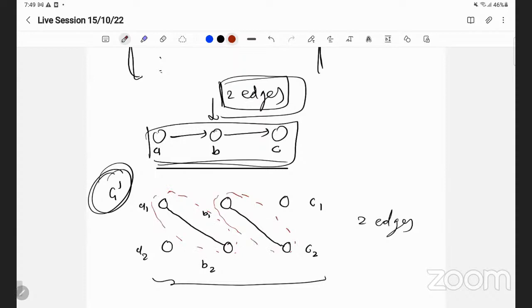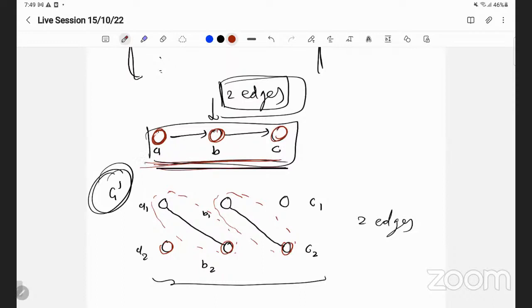Both edges form a matching because there are no overlapping vertices in these two edges. Why is there no overlapping vertex? Because the vertex A, B or C has at max 1 in-degree, right? That means A2, B2 or C2 can be connected with at max 1 edge, because the vertices of the path have at max 1 in-degree.